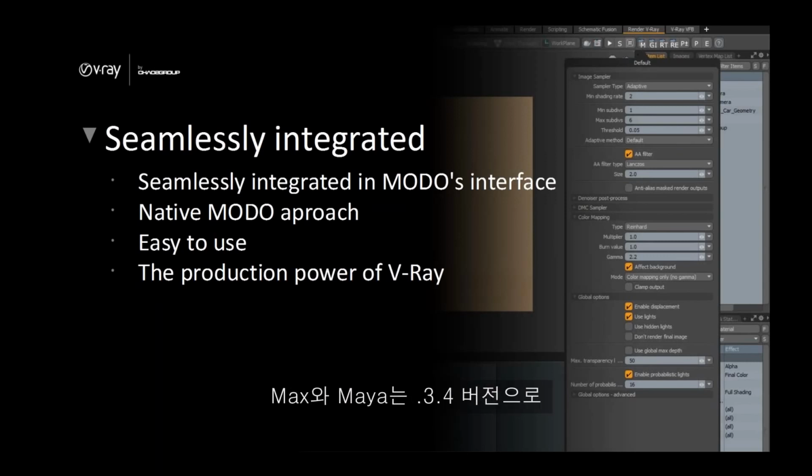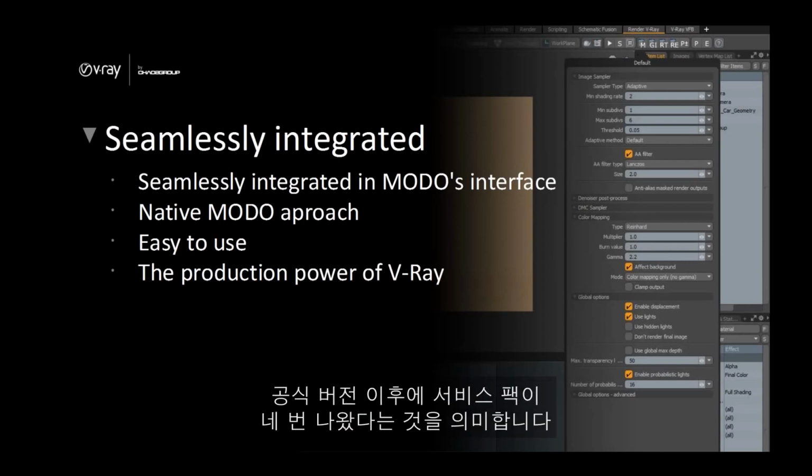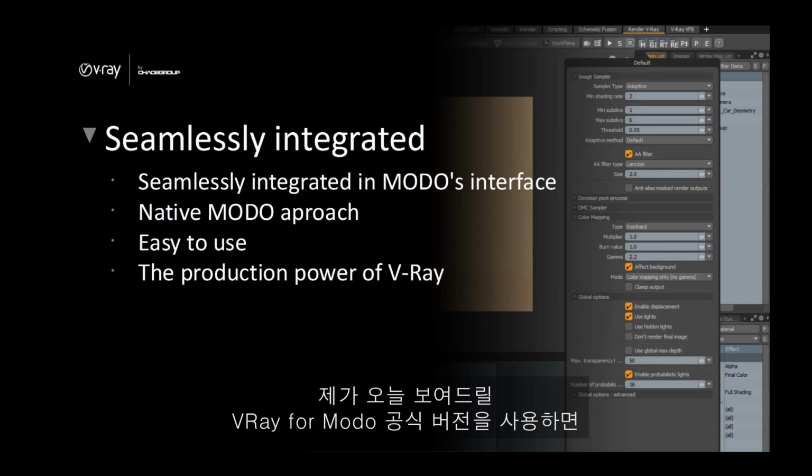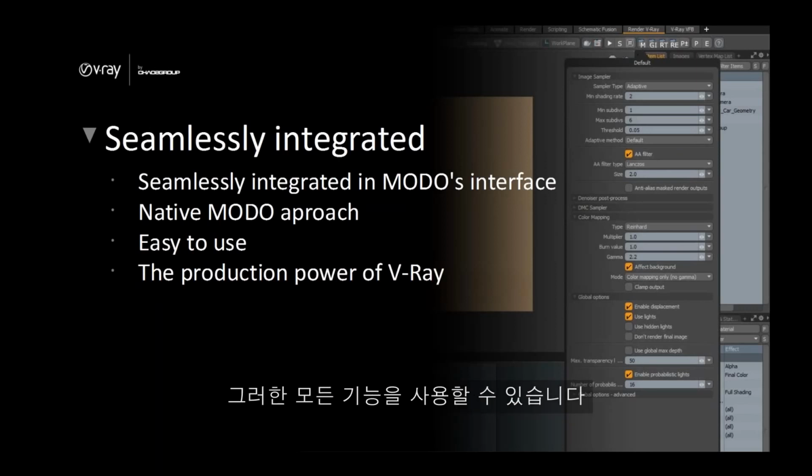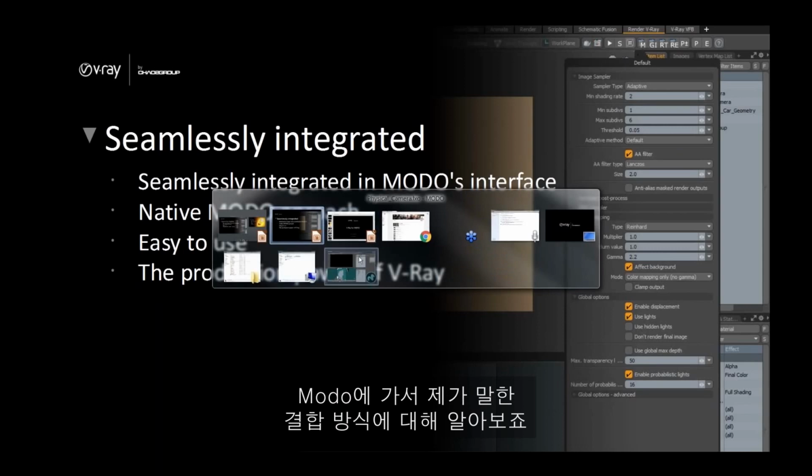And since Max and Maya are on 3.4, which means 4 service packs have been added to the official release, with the official release of VRay for MODO, the one I'm showing you today, you have all of those features. Let's go into MODO and see that integration I'm talking about.